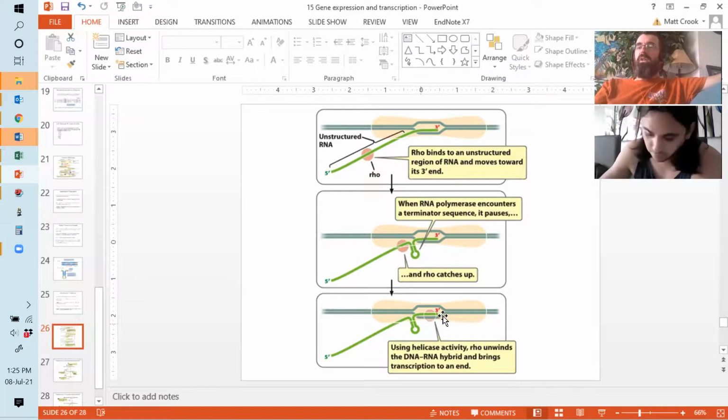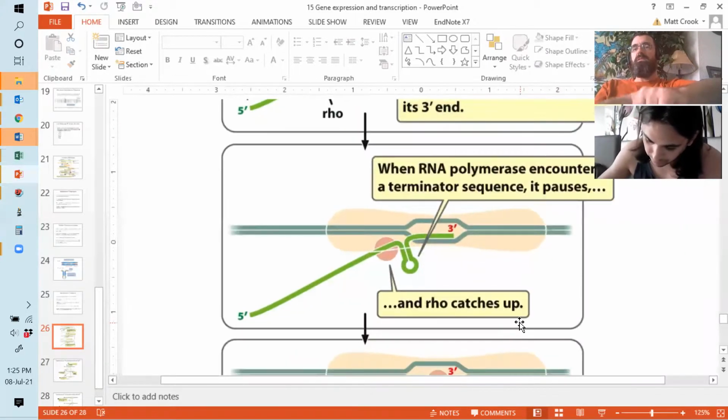And as soon as Rho catches up, it essentially unwinds the RNA-DNA hybrid. This bit up here, let's kind of highlight this. So this hybrid here between the mRNA that's being synthesized and the DNA template strand.